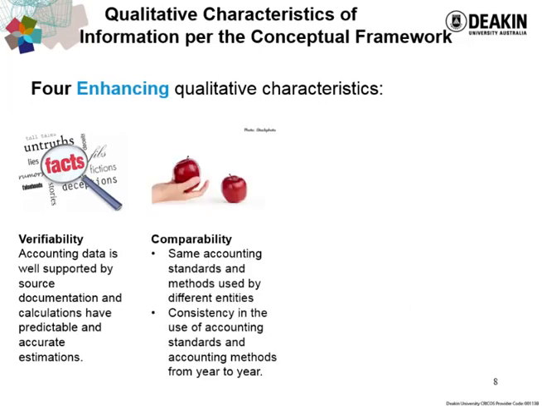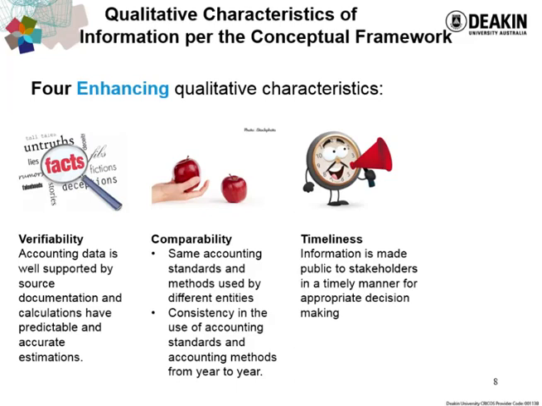Second, comparability, which means the same accounting standards or the same methods or policies have been used by different entities. So you can meaningfully compare the performance and position to see which firm is better. Comparability also includes the notion of consistency, where the same accounting methods have been applied from year to year, so we can conduct time series comparisons.